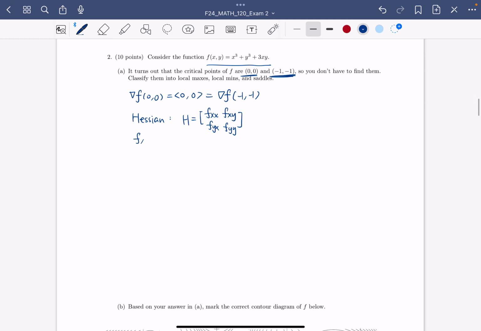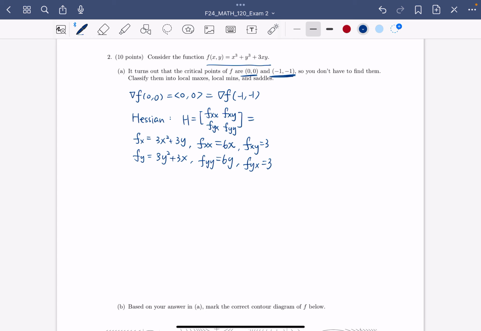So we compute fx is 3x squared plus 3y, and fxx is 6x, while fxy is 3. fy equals 3y squared plus 3x, fyy equals 6y, fyx equals 3.